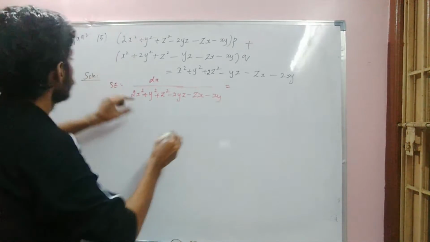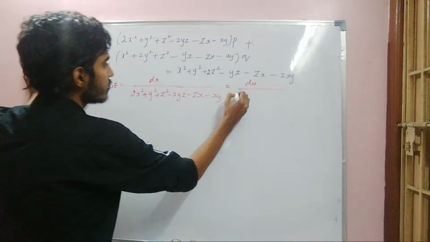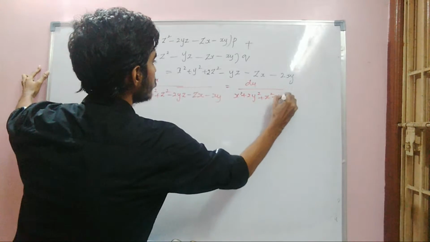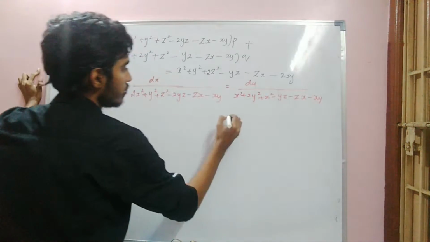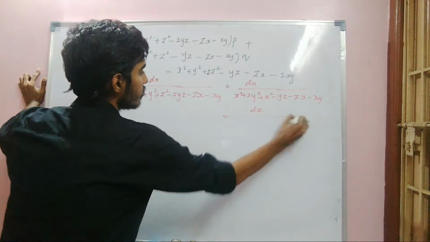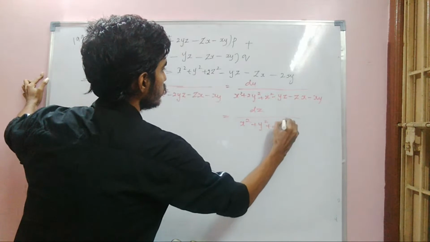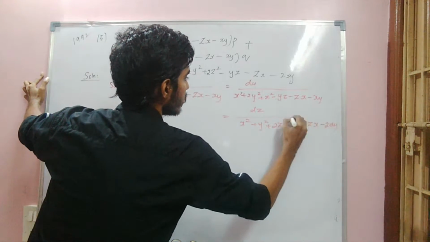Okay, so here this is dy divided by x square plus 2y square plus z square minus yz minus zx minus xy, is equal to dz divided by x square plus y square plus 2z square minus yz minus zx minus 2xy.